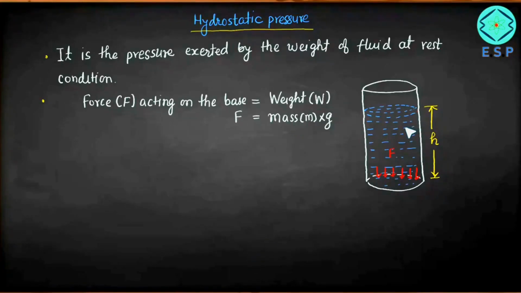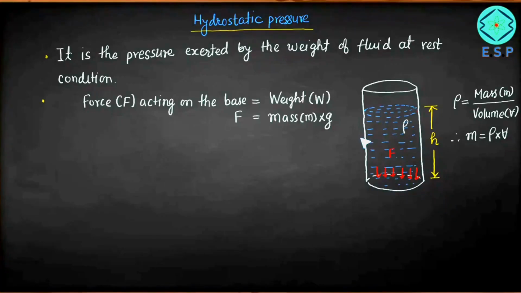If the density of the fluid is rho, the mass density, then rho is mass divided by the volume of fluid, V. So the mass m is mass density times volume. In this diagram, the volume of fluid is the area of the base, let's say A, times the height h. So the mass of fluid is rho times area of base times the height of fluid filled in the container. We get m equal to rho A h.